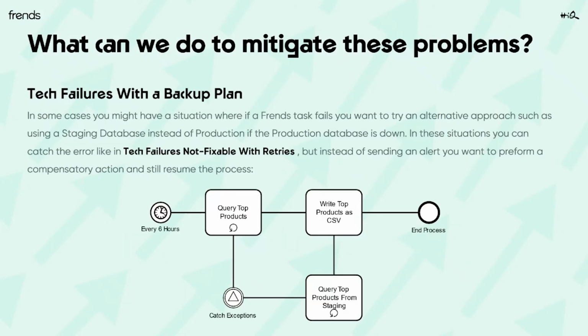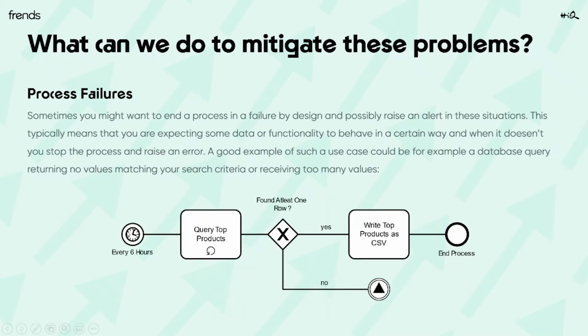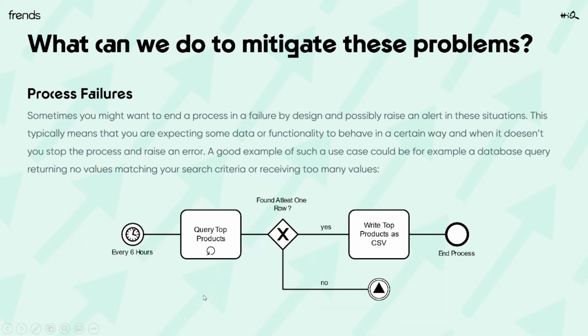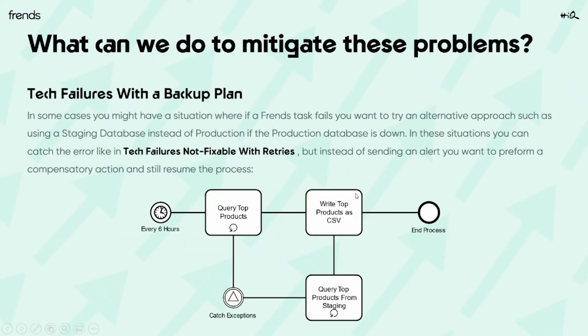Excellent. Moving forward to maybe technical failures with a backup plan. And this is now taking what we've learned in the past few slides. So of course, catching exceptions, what we use to create our alert here in the second step, and also doing decisions based on the data.